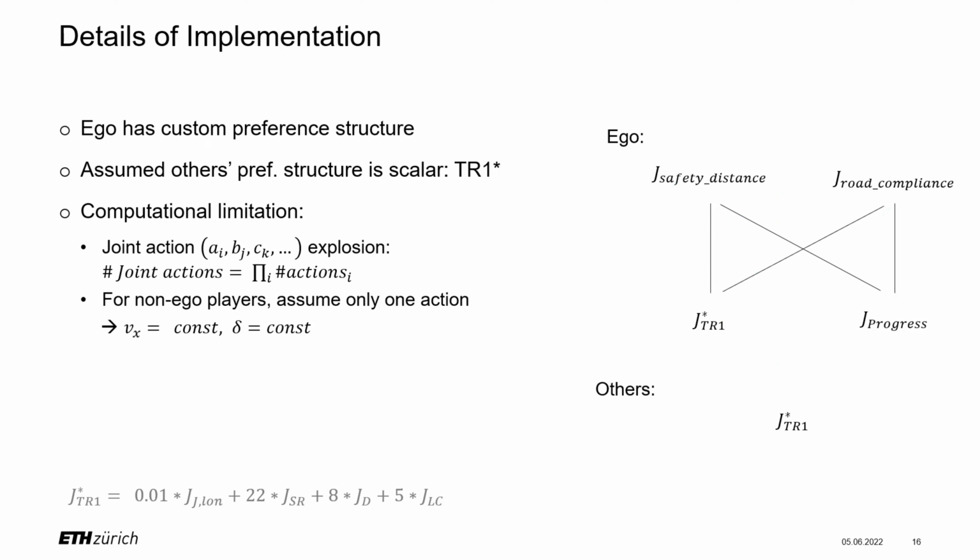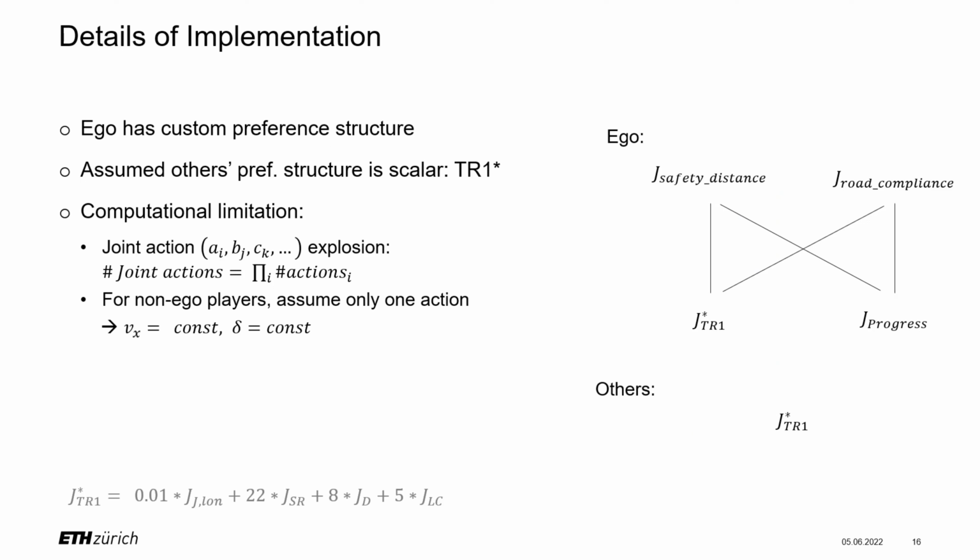Yes, actually, by considering just one action of the other agents, you could also consider a lot more agents, because it wouldn't matter in the number of joint actions anymore. But we experimented with several combinations: increasing the number of actions for the ego vehicle such that it has more choice, or keeping fewer actions and giving more choice to the others, or decreasing the size of these rectangles to determine how many vehicles are interacting.